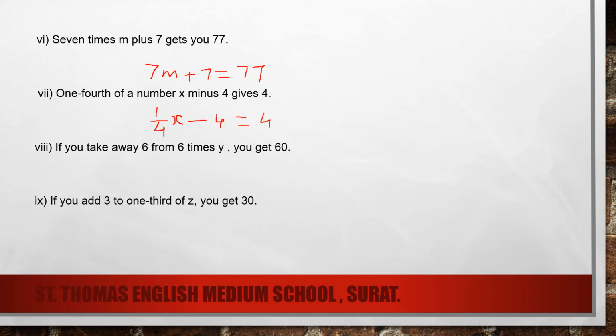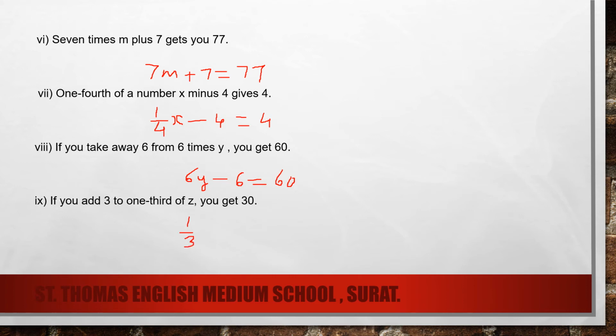The next one, if you take away 6 from 6 times y, take away means minus, subtraction. 6 times y means 6y. Take away, that means minus 6 is equal to, what do you get? 60, right? Is equal to 60. The next one, if you add 3 to 1/3 of z, 1/3 means 1 by 3.